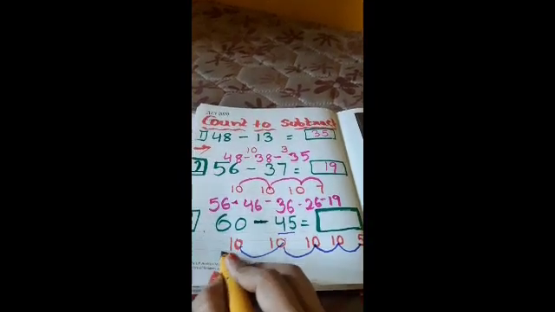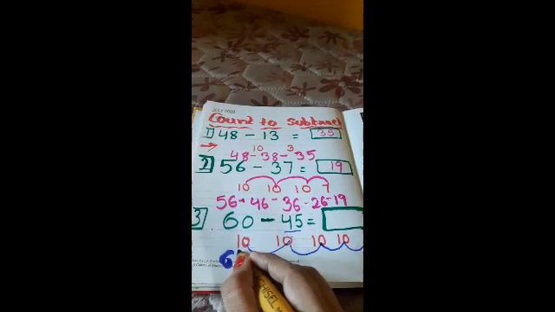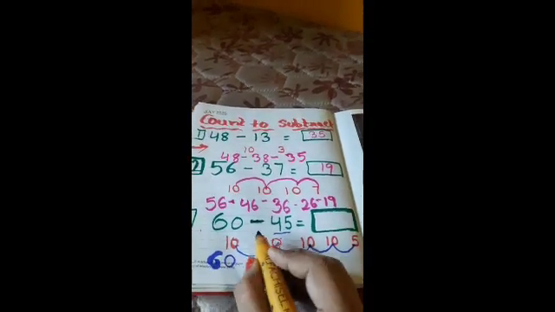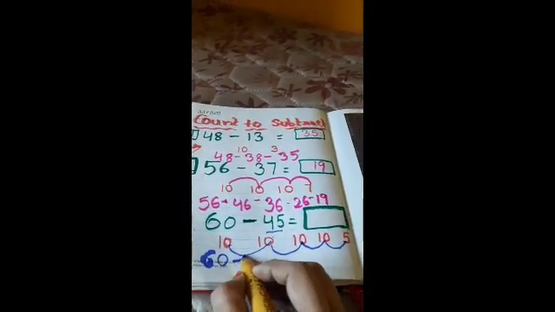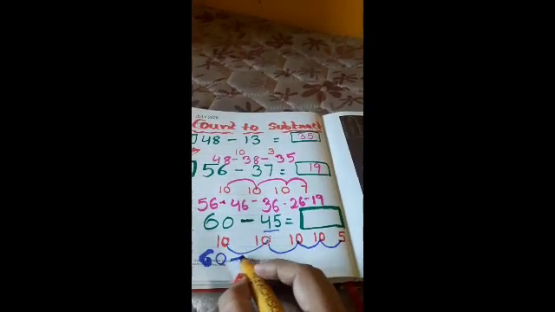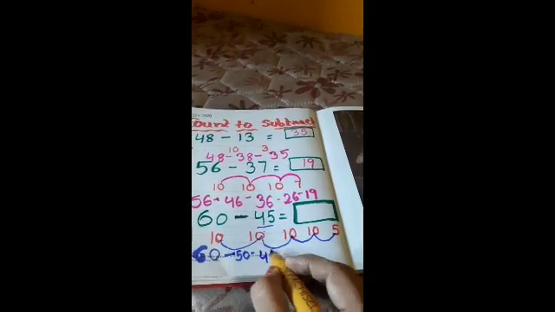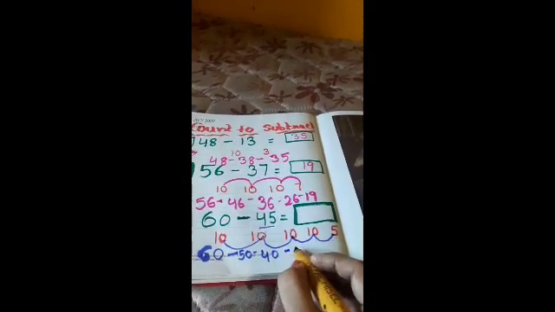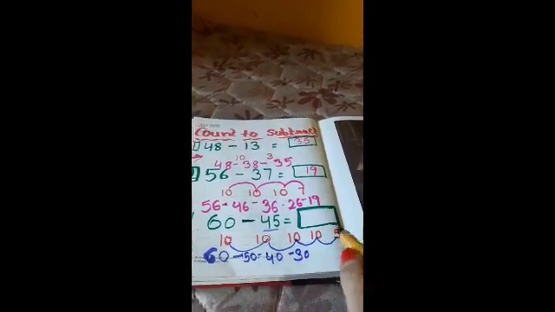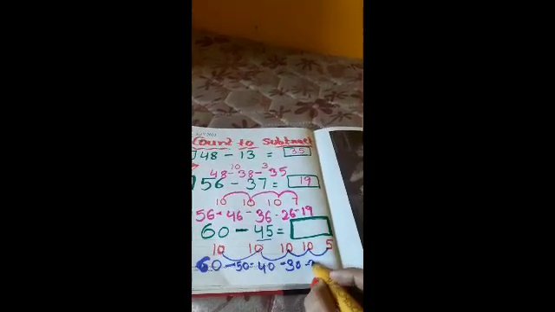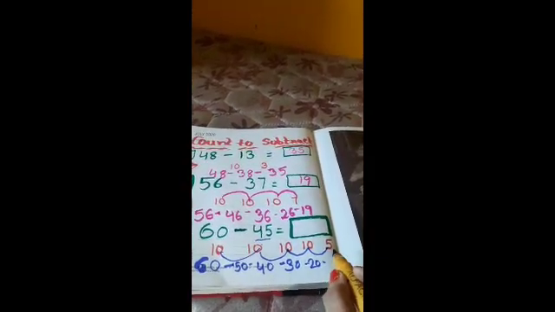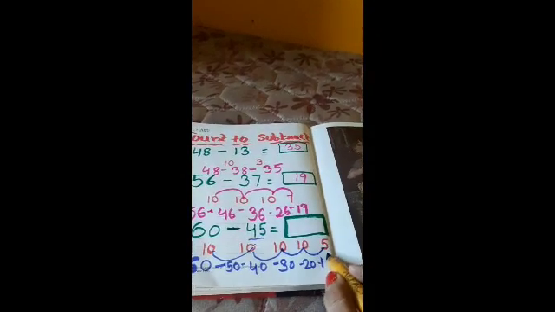Now, the number given here is 60. 60 minus 10 will give you 50. Minus 10 will give you 40. Minus 10 will give you 30. Minus 10 will give you 20. And minus 5 will give you 15.